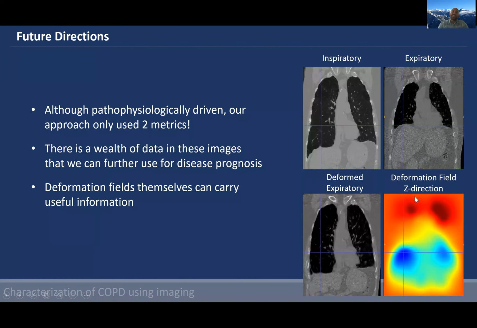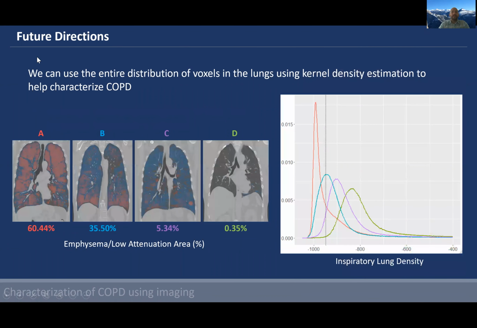And we can even use the deformation field itself, the information on how this lung morphs to the inspiratory phase. Another future direction in terms of statistics is we can look at the probability density functions using kernel density estimation of the voxel distributions within the lungs.